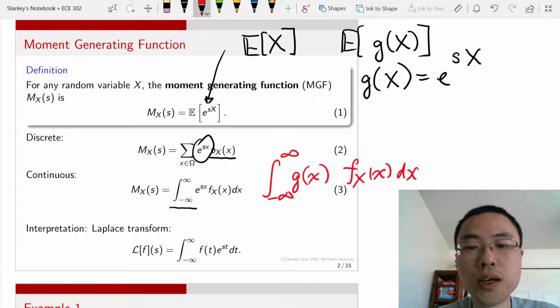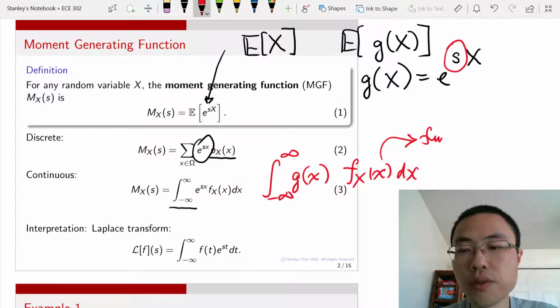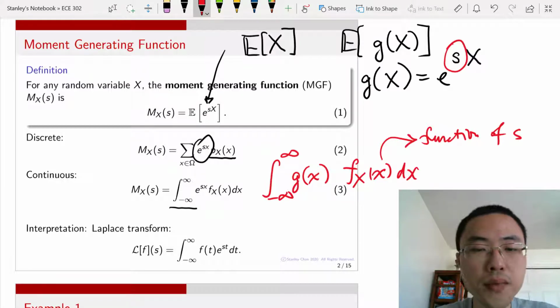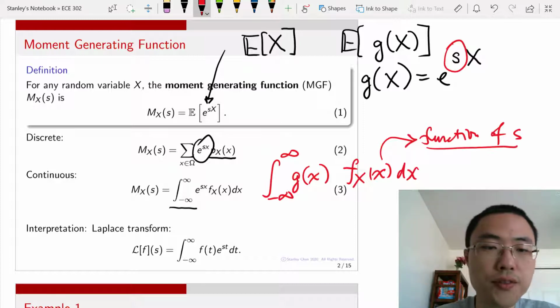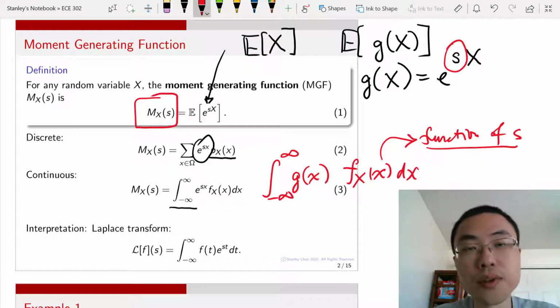That will give you a function, and since it is a function of s, the resulting quantity is defined as the moment-generating function.